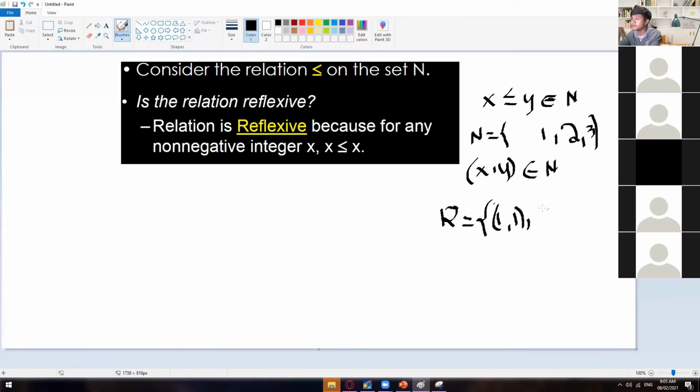1, 1, 1, 2, 1, 3, and then 2, 2, and then 2, 3, and then 3, 3.